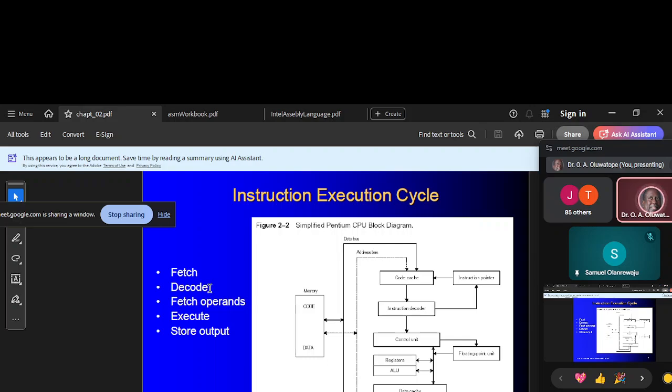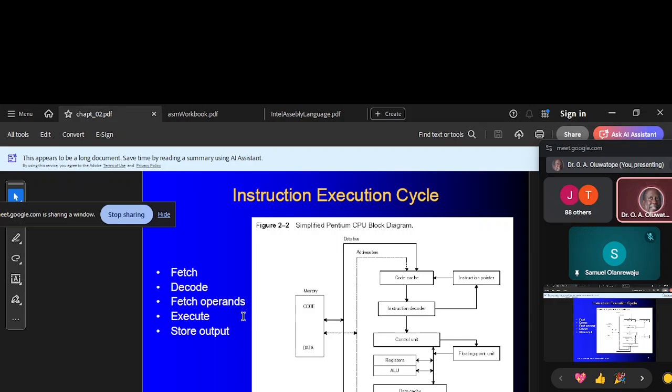When it is decoded, the next thing is to fetch the operand. For example, A equals B plus C. B and C are two operands. A is another operand.